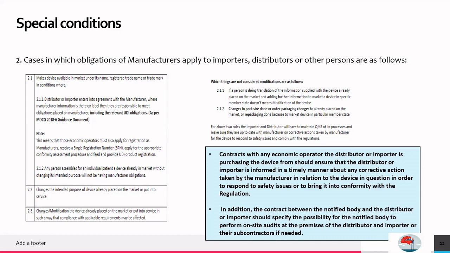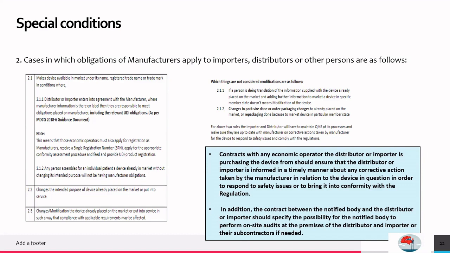If changes in the intended purpose happen for the device which was already placed, because of that one party, that party becomes a manufacturer. Then they have to fulfil manufacturer obligations. And now we will say what the changes are which can be called a real change to be called a manufacturer.